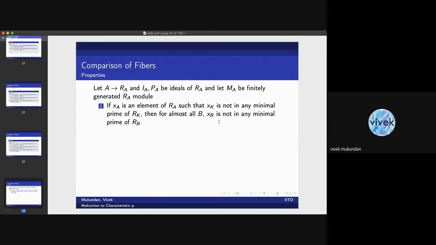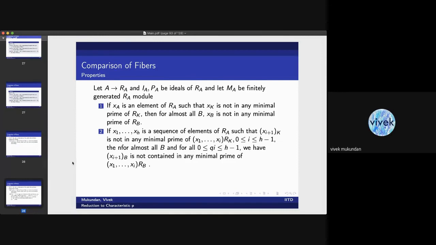This can be achieved primarily because if you localize at a non-zero element of A, you can make sure that there's a one-to-one correspondence between the minimal primes of RA and RB, so there's a bijective correspondence. And then you can make sure that if X is not in a minimal prime of R, then for almost all fibers it cannot be in a minimal prime of RB. So if you can do it for one element, you can do it for a finite sequence also.